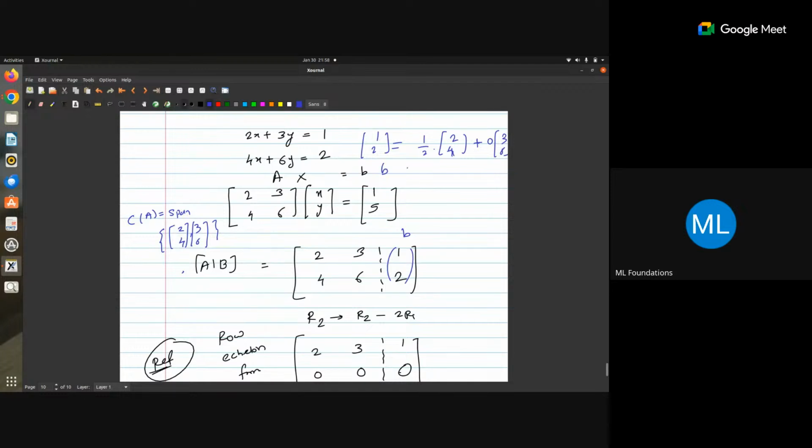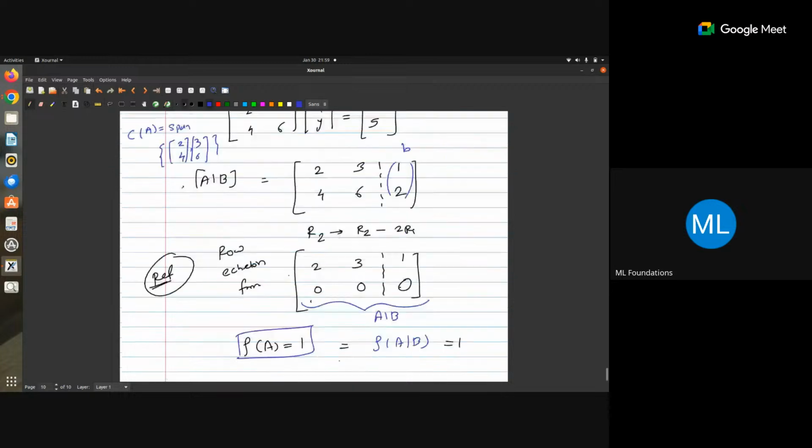That means B can be represented as a linear combination of the columns of A. Geometrically, the vector 1, 2 is in the plane of the column space of A. So whenever the B vector is in the column space of A, you will be able to find the solution.